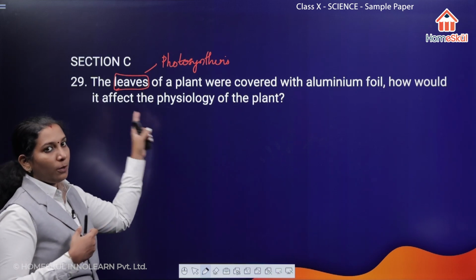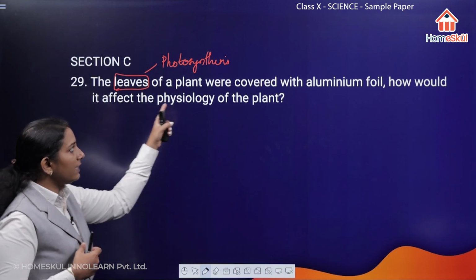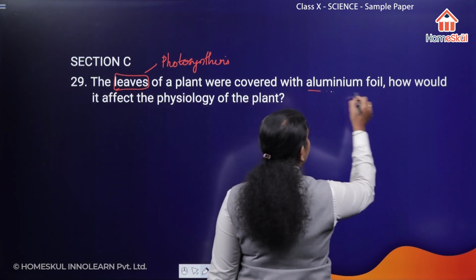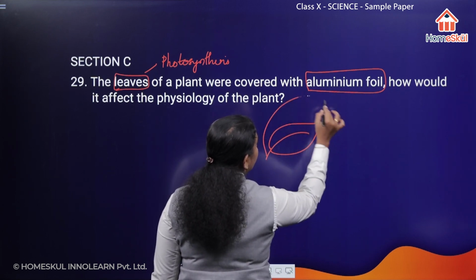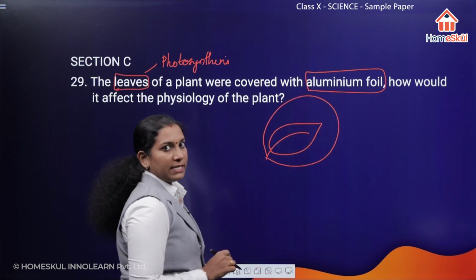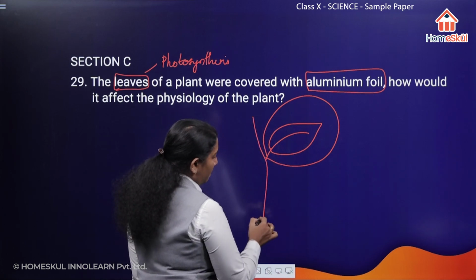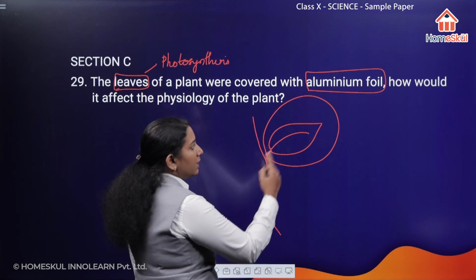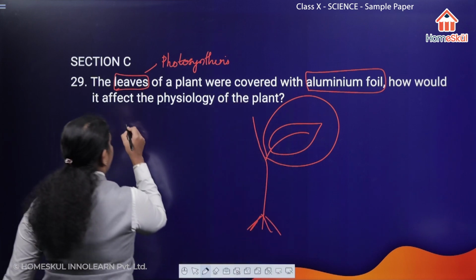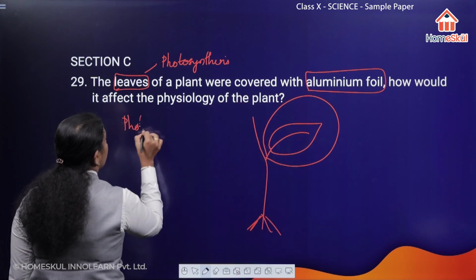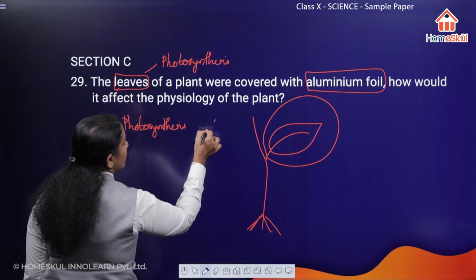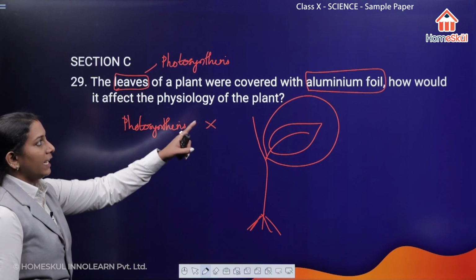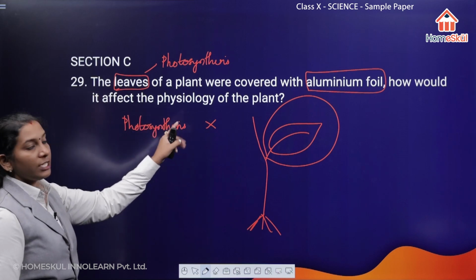So, if the leaves are covered with the aluminium foil, what will happen to this plant? Photosynthesis does not occur. Then how would it affect the physiology of the plant?